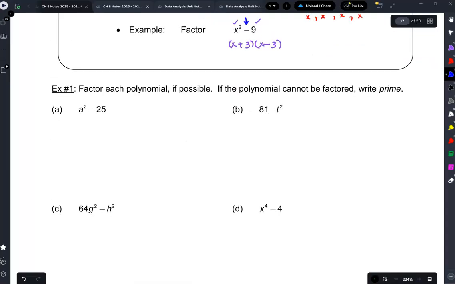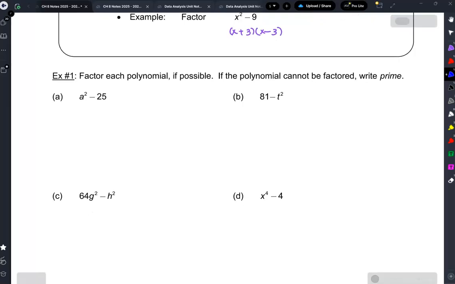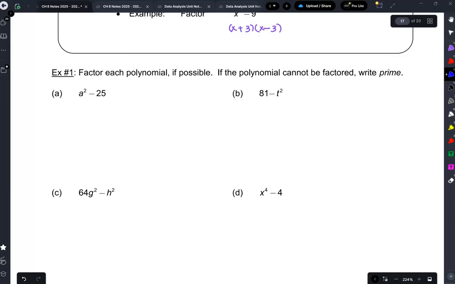Here we go. Factor each polynomial if possible. Otherwise, write prime. First of all, in order for the expression to be a candidate for this, how many terms does it involve? 2 terms. Are they both perfect squares? Yes, perfect square, perfect square. Is there a minus in the middle?